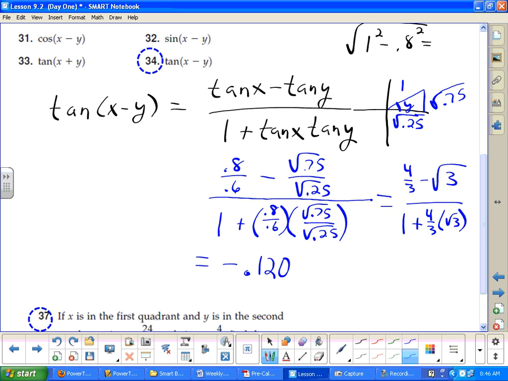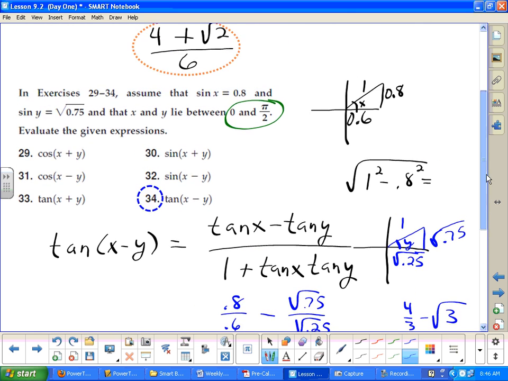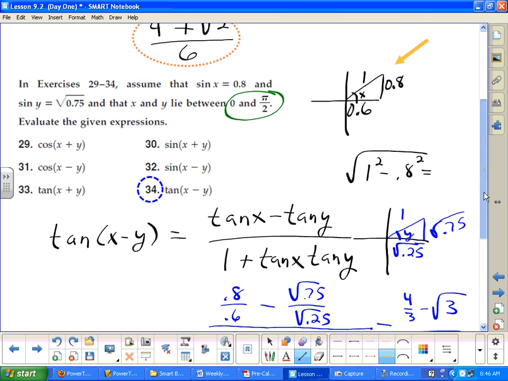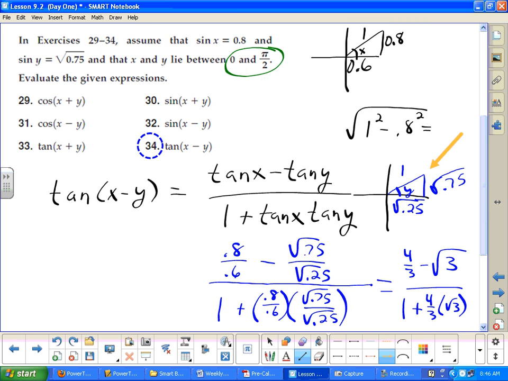But the whole point is utilizing our quadrants, knowing that here's the triangle I need. I need this triangle here for angle x. I need this triangle here for angle y. Okay. So you can find sine, cosine, and tangent.